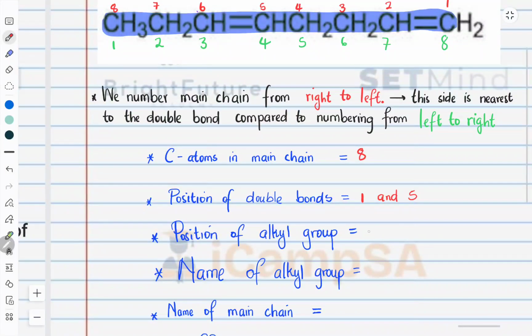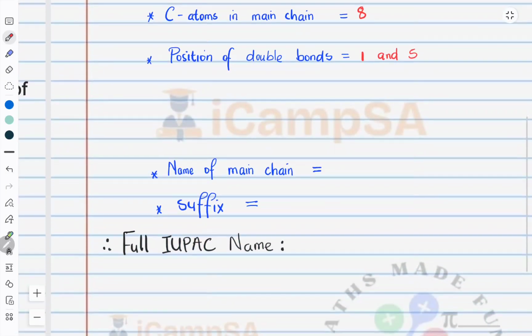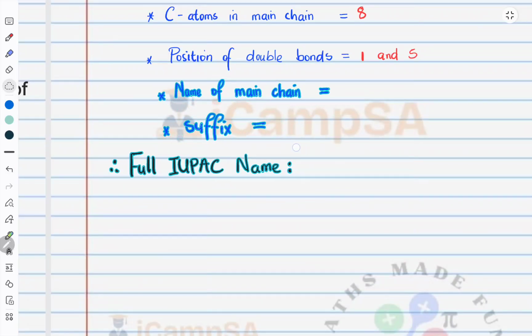Position of the alkyl groups, none. There's no alkyl groups. Name, there's none. Let's say NA. In fact, we can remove this. Alright. And then we can only have that.